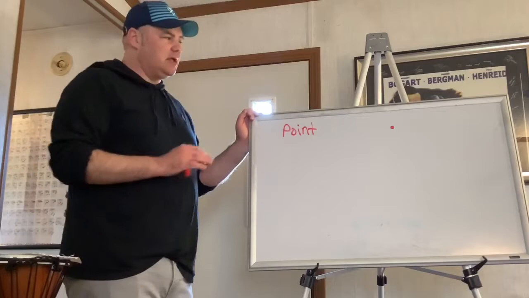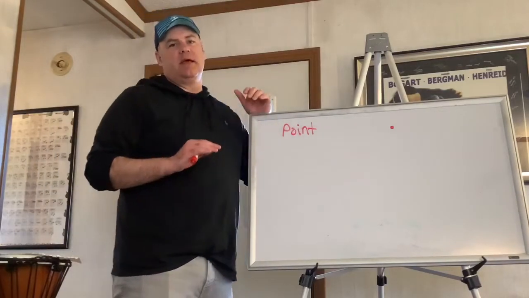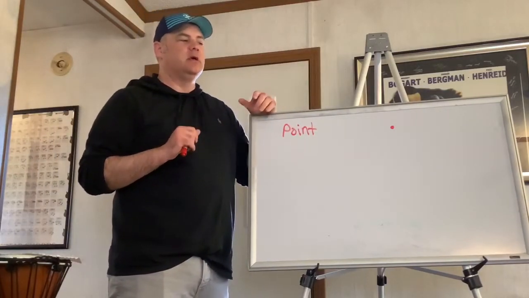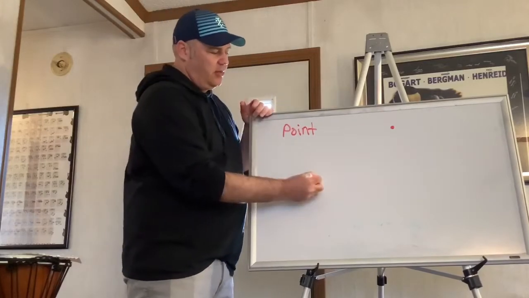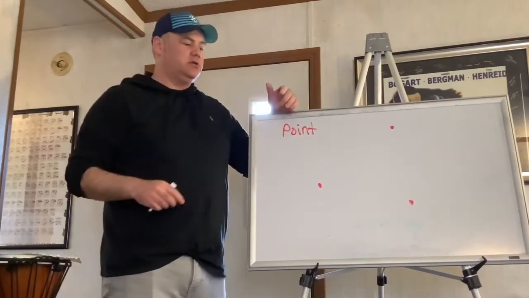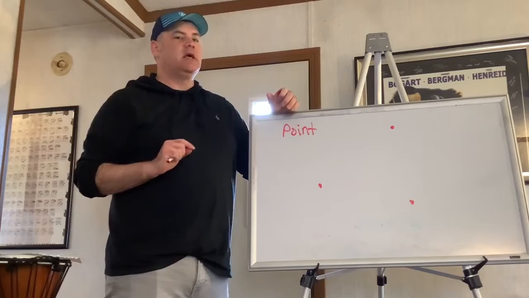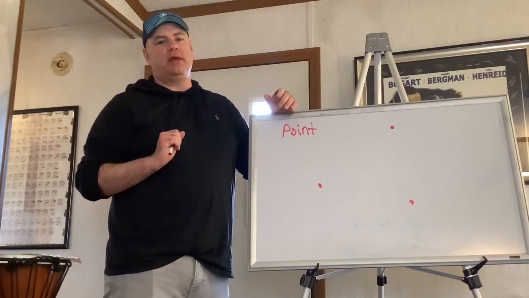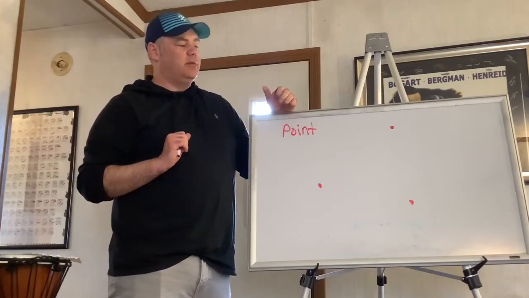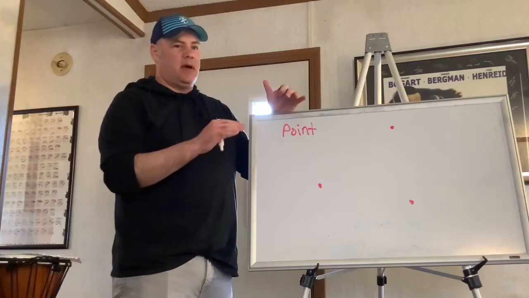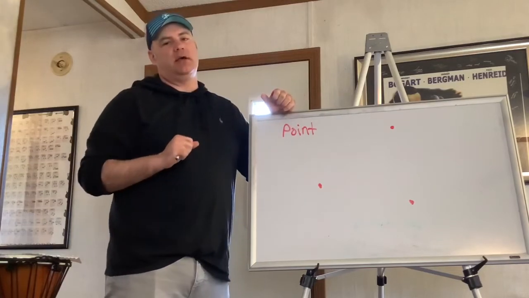When we get into geometry and naming these shapes, we have to be very specific with our names. If I've got a point there and a point here and a point here, and I say I want you to refer to one of those points, I have to be specific about which point I'm talking about. When we get into shapes, we have to be specific about which side of the shape we're talking about.